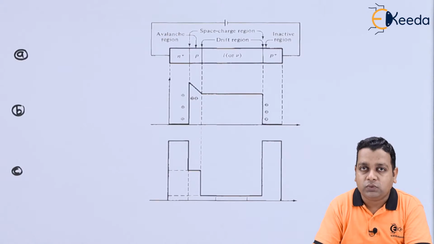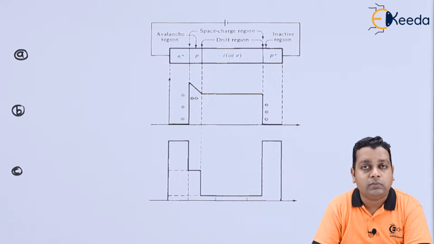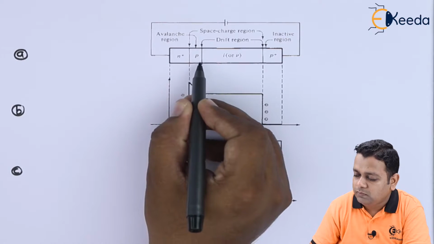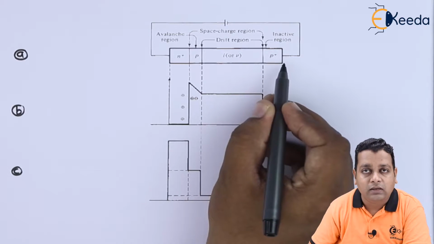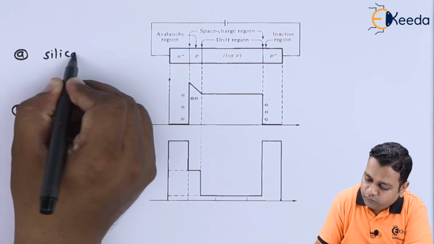As we know, avalanche transit time devices are microwave generators manufactured on a semiconductor platform. A very popular semiconductor material is silicon. For the first type, we have N plus, P, I and then P plus, with respect to the silicon structure.